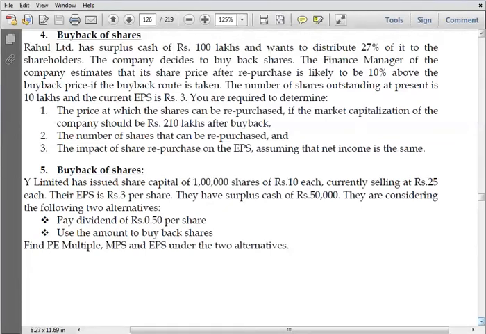Next point. The company can use the surplus cash either for dividend payment or for buyback.